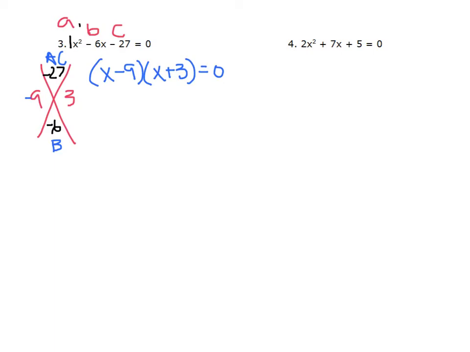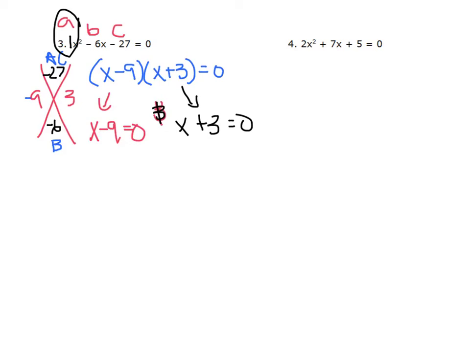So now we need to check to see what is our lead coefficient. Remember, if it's a 1, you don't have to do the divide by 1 underneath your numbers because it's going to end up being the exact same thing. So then I can go straight to using the zero property rule. X minus 9 equals 0. And we would have x plus 3 equals 0.